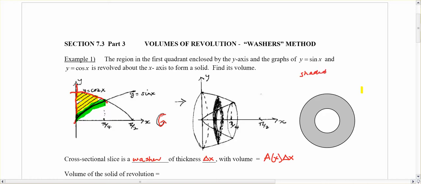My shaded area is equal to the area of the big circle by itself, which is pi big R squared, and then minus the little circle inside it, which has radius little r, so minus pi little r squared.